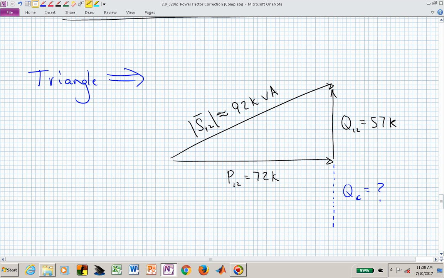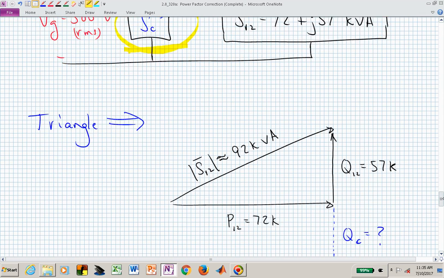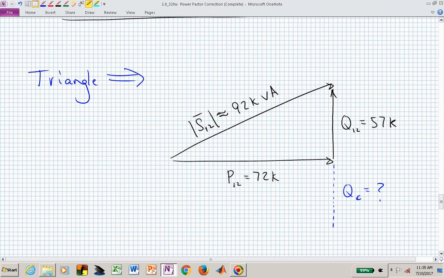What we want to do is introduce this capacitor to provide us with negative reactive power, and that's going to allow us, and hopefully you can see that we could pick a capacitor that would put us down here with Q sub C. It could put us down here.